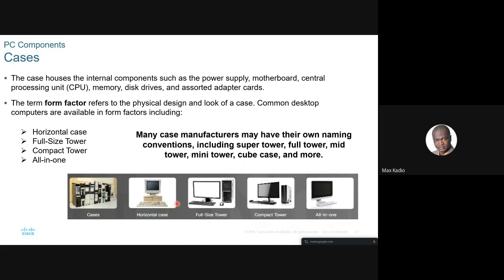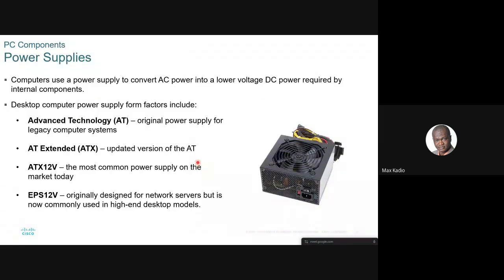What we're going to do is study each of them. When you have a box, a case, what is inside? We're going to see all the components inside. The case houses the internal components, such as the power supply, motherboard, and central processing unit, the CPU.